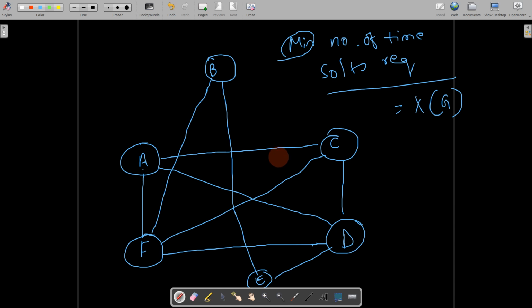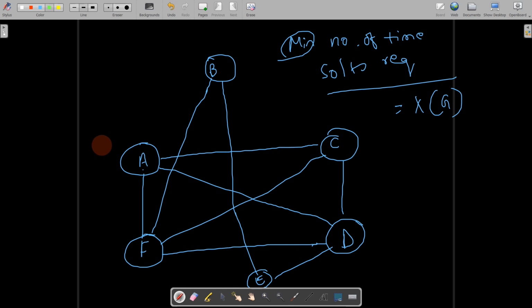One such assignment of the time slots to this graph where the minimum number of colors is used is the chromatic number. Then we will see the chromatic polynomial as well. So how do we find how many minimum colors are required to color this graph such that adjacent nodes do not have the same color?